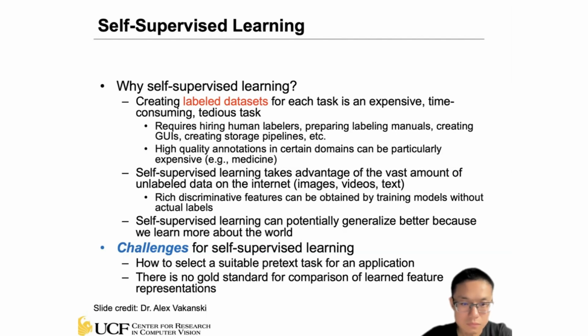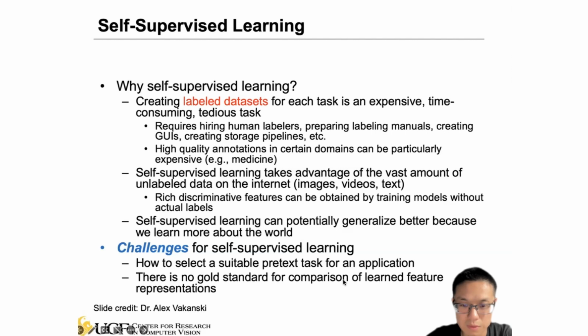But there are also several challenges for self-supervised learning. One is how we can select a suitable pretext task for the application. How do we come up with the self-supervised signal to learn a meaningful representation? The second is that there is no gold standard for comparison of learned feature representations.